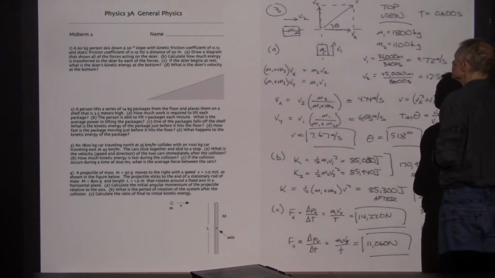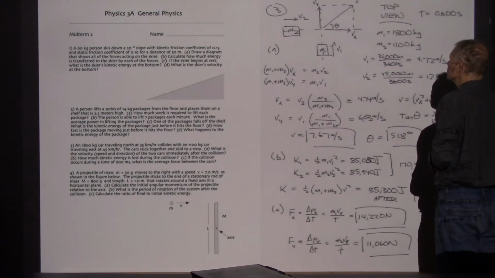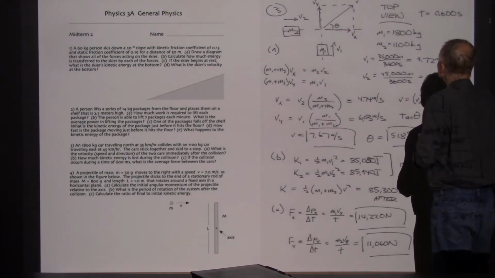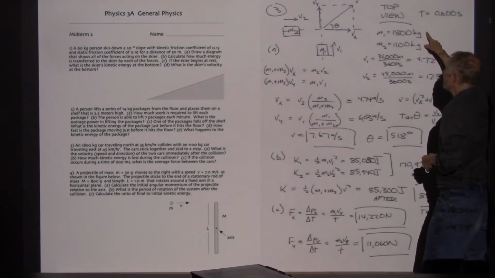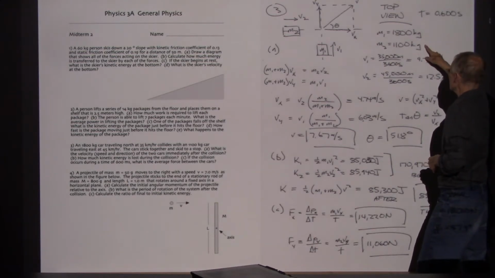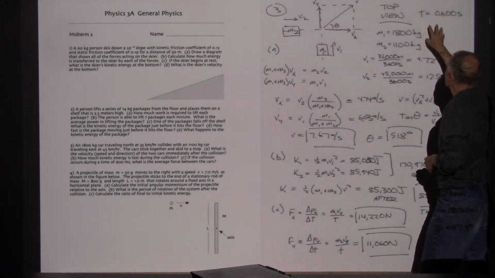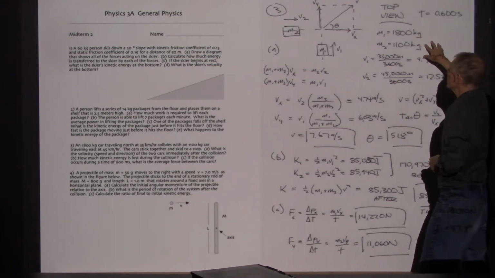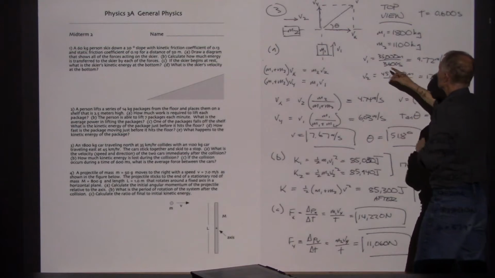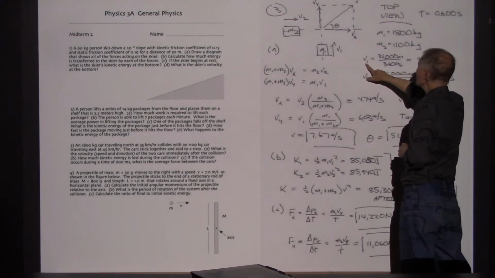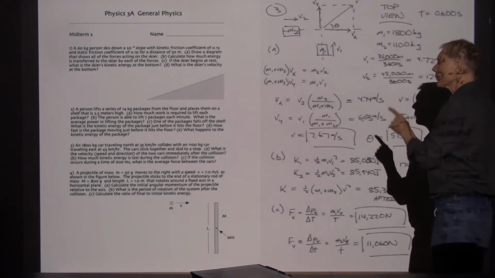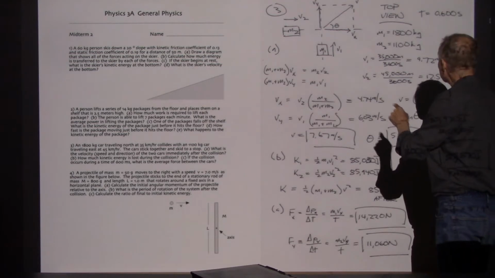So let's write down the information. So the masses were given. Car number 1 is 1,800 kilograms. Car 2 is 1,100 kilograms. This is the big SUV running into the subcompact, or running into each other really. Velocity 1 here is what they say, 35 kilometers per hour.